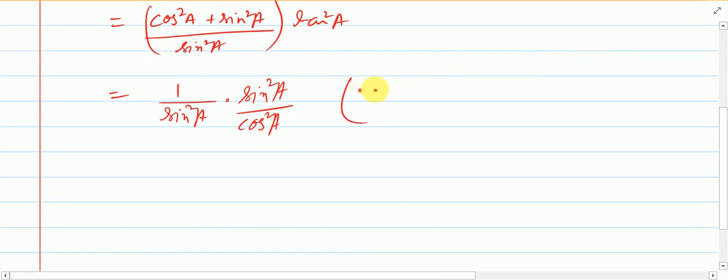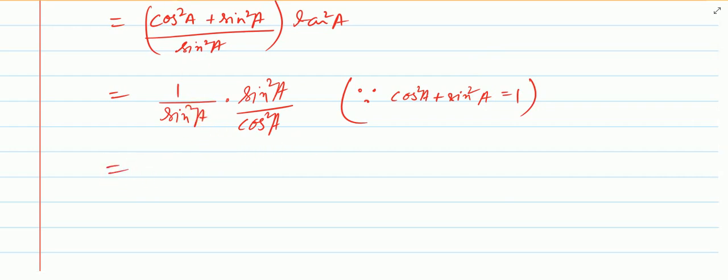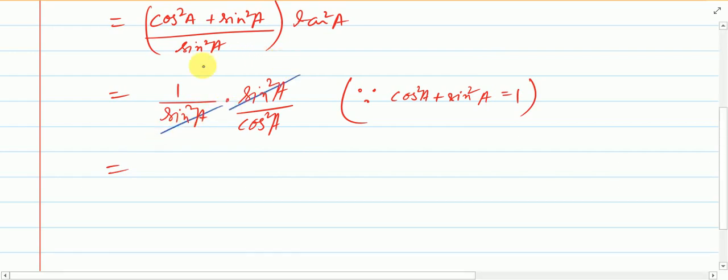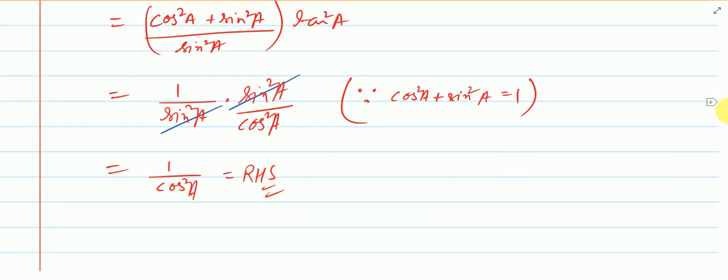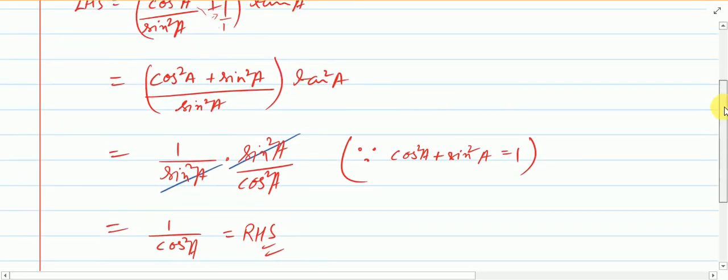So here you can give the reason that cos square A plus sin square A is equal to 1. Okay. And the next step, this sin square A and this sin square A cancelled, and you are left with 1 upon cos square A, that is your RHS. Okay, so it's proved. So this was your question number 15.